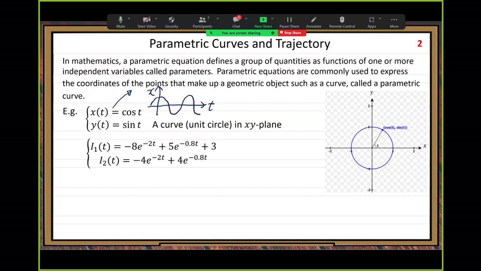Then, if we draw the sine curve on the t-y axes, the sine curve is like this. So that's one way we view x and y.